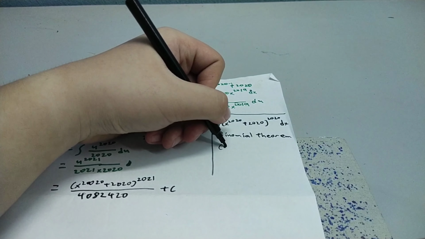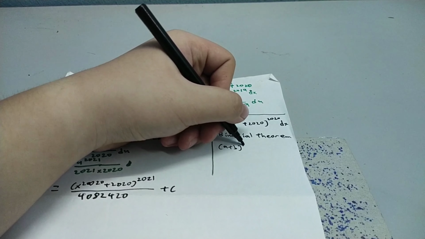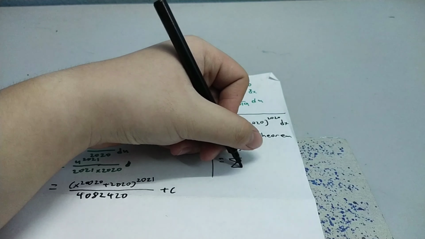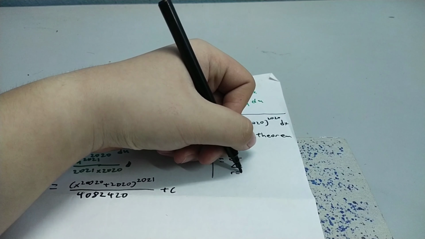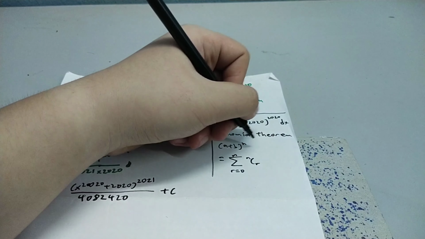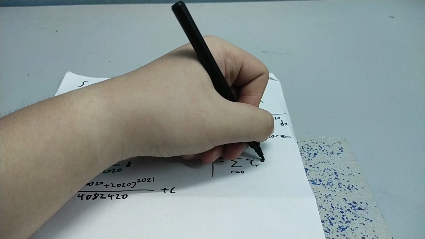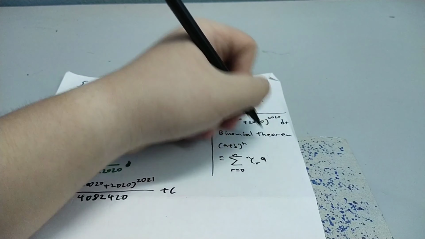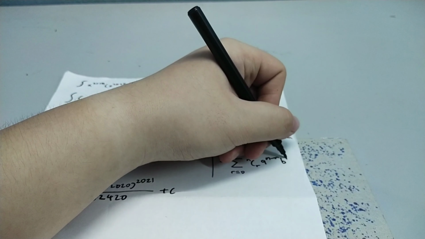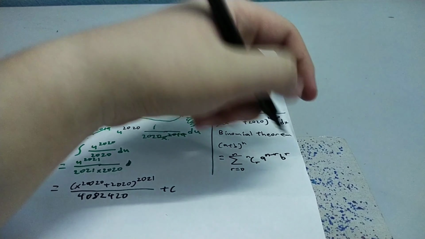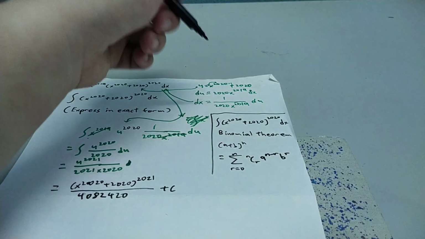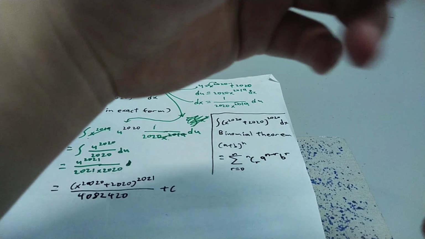If you have (a plus b) to the nth power, this is nicely equal to the sum of r goes from 0 to n of nCr times a to the n minus r power times b to the r, or you can have b to the n minus r times a to the r, because of the commutative property of addition.